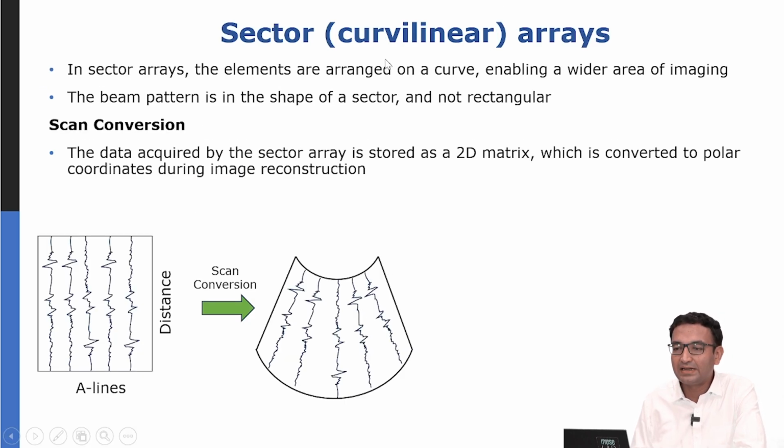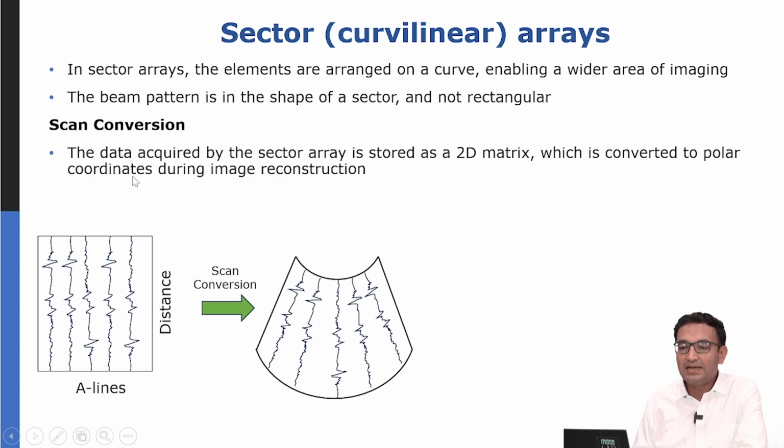Let us discuss sector or curvilinear arrays next. Like I mentioned, in sector arrays, the elements are arranged on a curve rather than in a row, and this enables a wider area of imaging. This is typically used for low frequency imaging, and deeper abdominal organs are visualized using this technique. The beam pattern is in the shape of a sector and not rectangular.